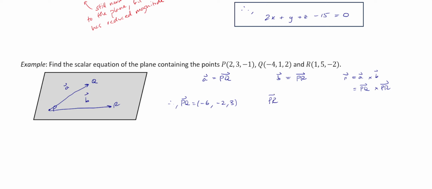PR now would be 1 minus 2, that's -1 right there. Okay, 5 minus 3, that's 2, -2 minus 1, and that is equal to -3. Okay, so n is just, like I said, the cross product of PQ and PR.